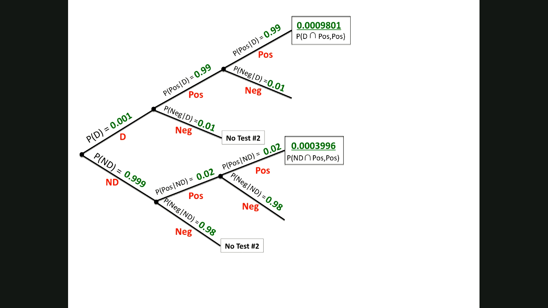So let me rewrite this. It's the probability that there's a disease and positive, divided by the probability that there's two back-to-back positives.